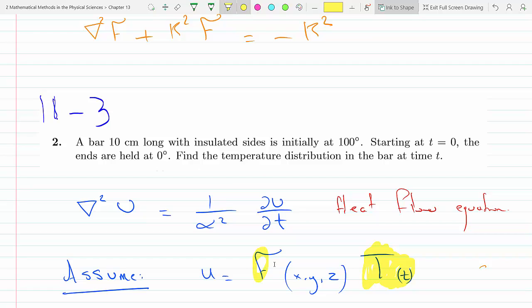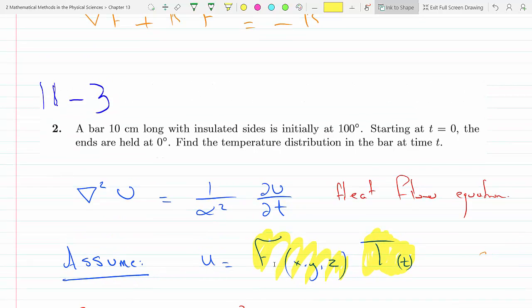So we assume that it also depends on some function F that is a function of x, y, and z, but we don't know what it is. So these are two functions that we don't know, and we assume that U is actually the product of these two functions. This method is general in physics. It's called separation of variables. So the objective is to find out what that capital F and capital T are.